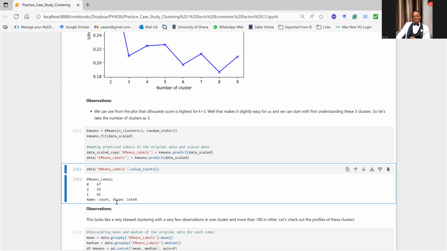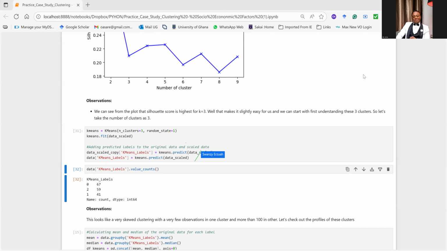Remember, we are talking about 167. And when you add 67 to 59 to 41, that is 167. So you can see that the first group has got 67 elements. Then the second group has got 41 elements. And then the third cluster, this one is right.